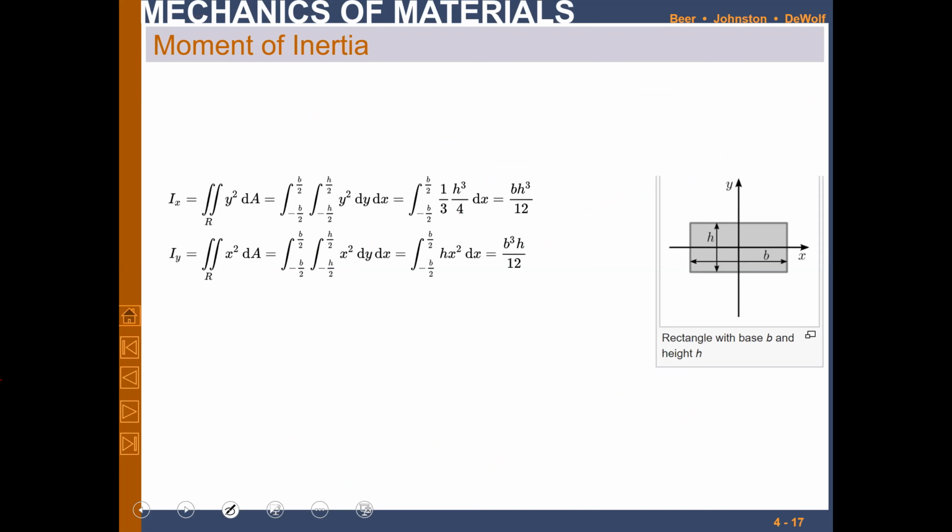And here is how it is calculated, because it is on the area, y square dA. dA is dy by dx. If this is dy and this is dx, so area will be dy by dx. Y square will be the distance with reference to the x-axis, right?